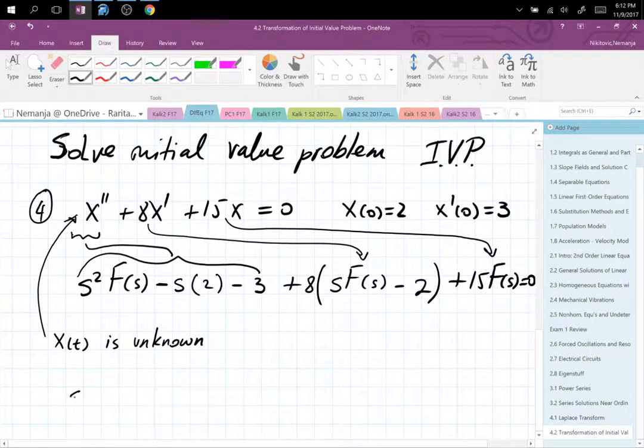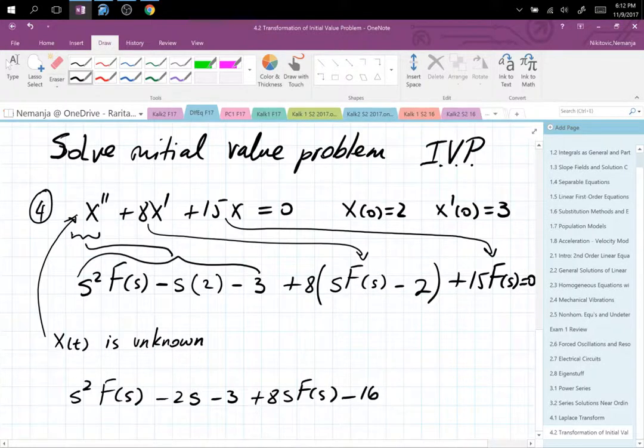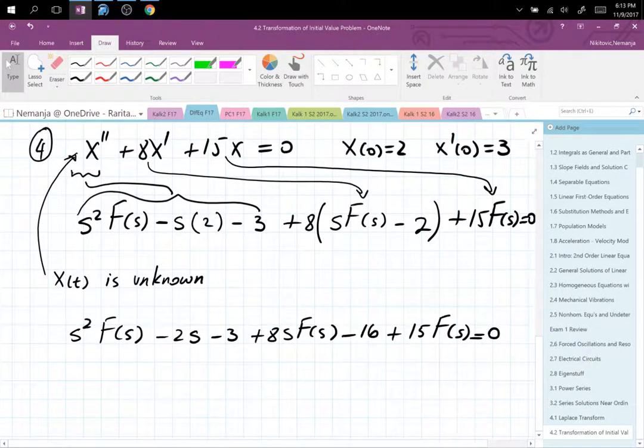You have s squared F of s minus 2s minus 3 plus 8sF of s minus 16 plus 15 F of s equal to 0. Your job is to make F of s equal everything else, and then later when we learn how to inverse Laplace it, it would give you an answer.